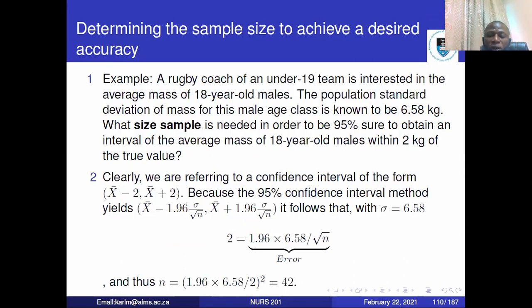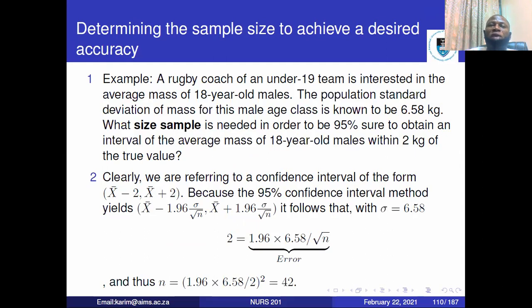Now, we all know that if you increase the amount of information that you give, then you are likely to approach or to get the true answer. If I'm showing you a direction and I'm unable to give you enough information, definitely you will not be able to get to where you want to go. It's the same thing when we are estimating the mean.